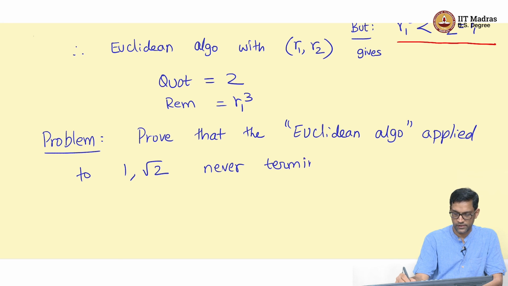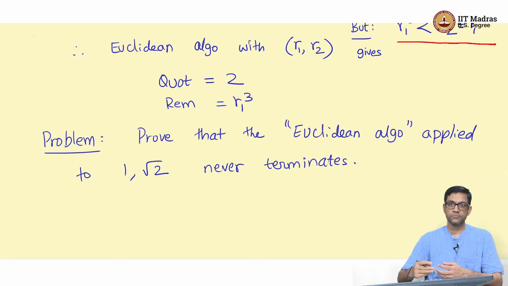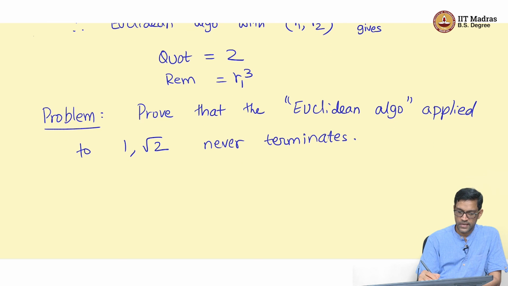Unlike if you started with 2 integers, then the Euclidean algorithm is guaranteed to stop at some point and give you the GCD as the very last remainder, but with 1 and root 2 it never stops, it just keeps going on.